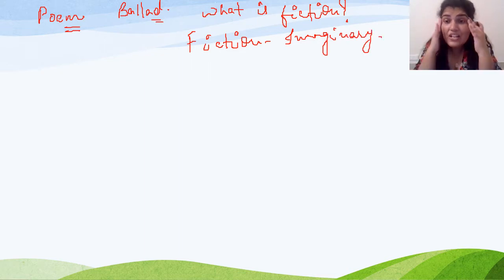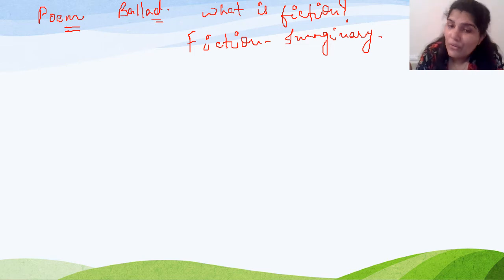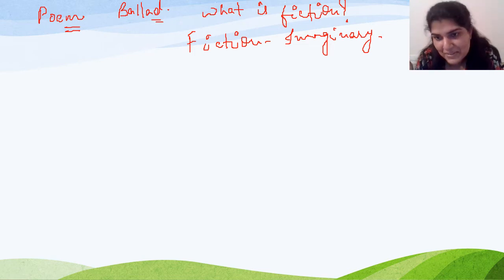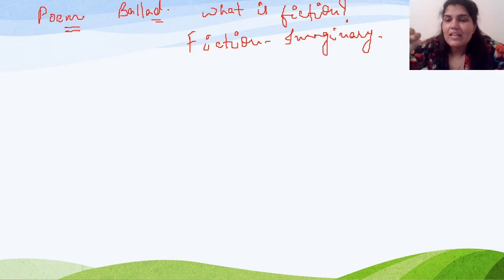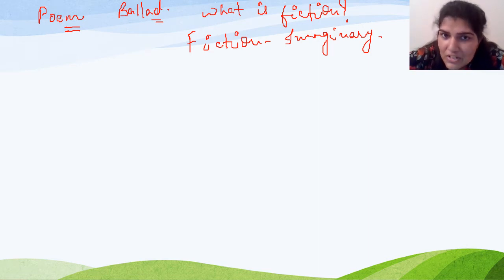Imaginary, the imagination of the author or the writer. That means the characters, the story, the plot, whatever you are reading about is the creation of the imagination of the author or the writer. It has no relevance with the facts or the reality.